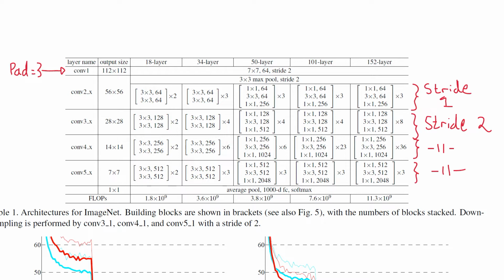Then it has, in this case, 4 different blocks of what we're going to call ResNet layers. If we look at the first ResNet layer, it has a block which is first a 1x1 kernel, and then the second value is the number of channels, in this case 64, and it performs this block 3 times.